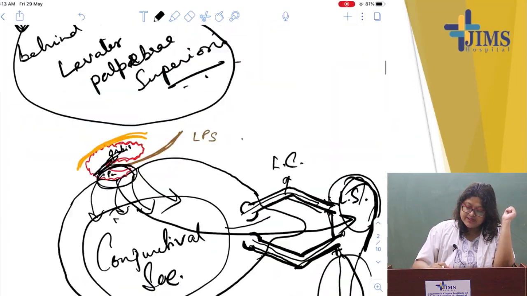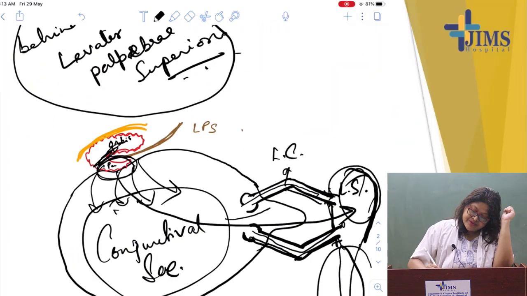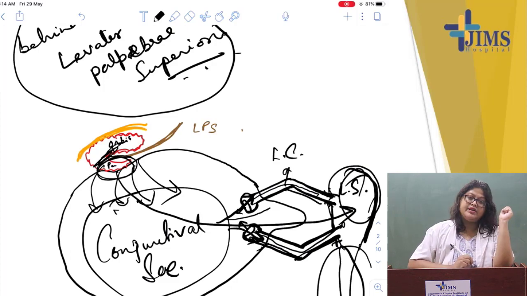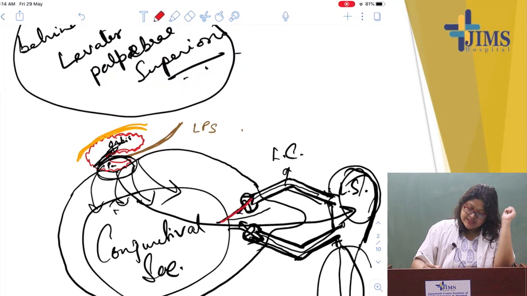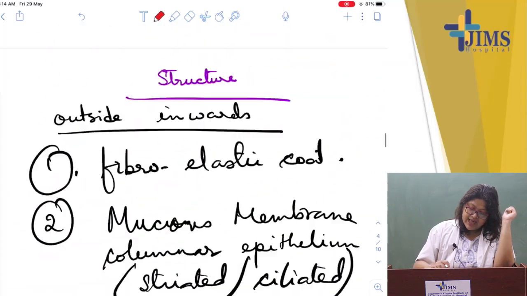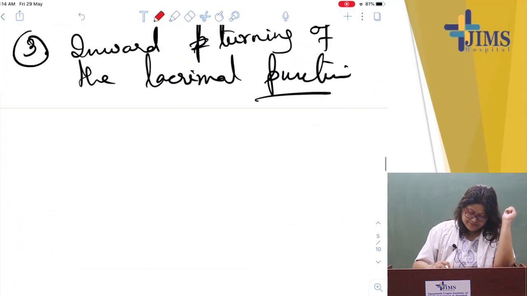So if we see this, there is the lacrimal punctum which is actually directed inwards. So it aspirates the tear fluid into it. So the inward turning of the lacrimal punctum.